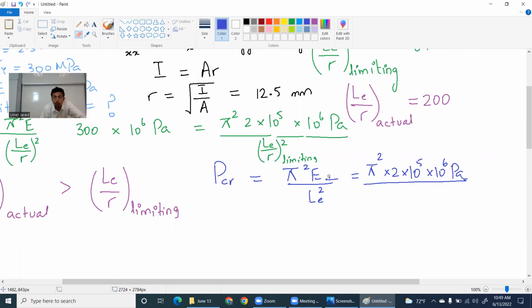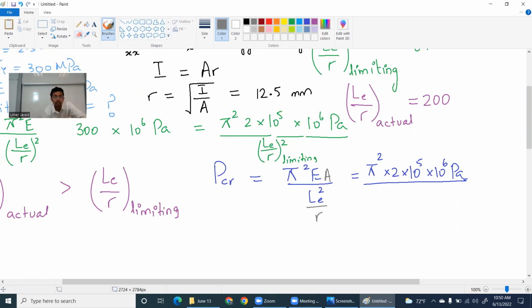I will actually use the formula pi square, pi square, I is equal to AR square.